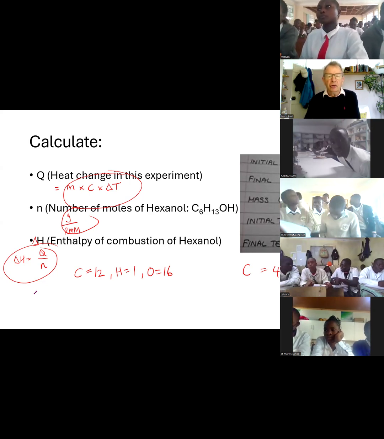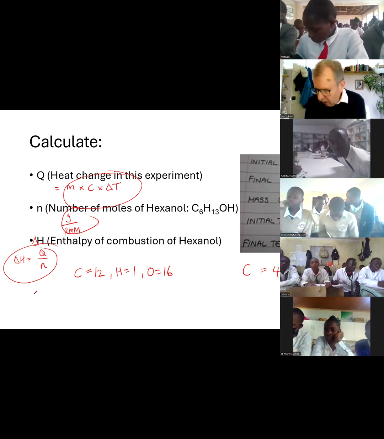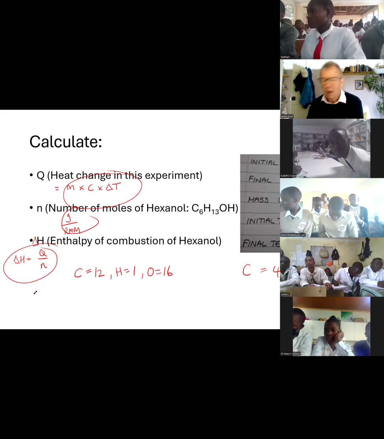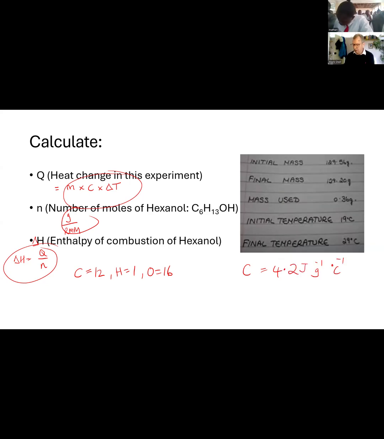Start by doing Q. Q is quite easy. It was 100 grams of water. I'll just remind you of that. I'll write it down. So the mass of water is 100 grams.